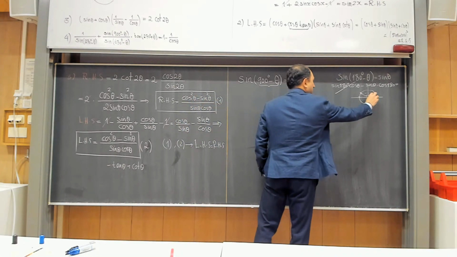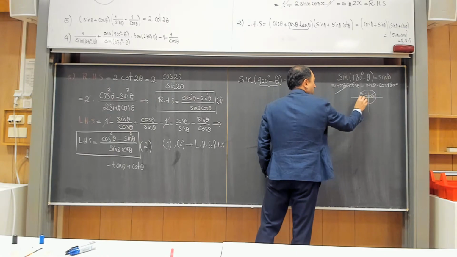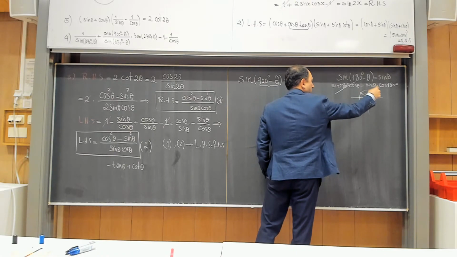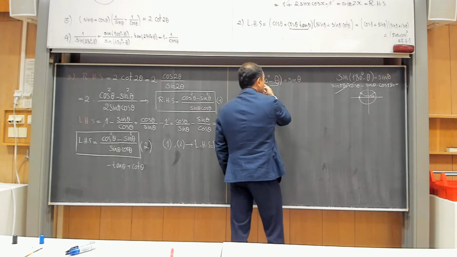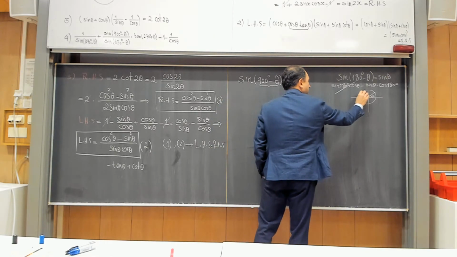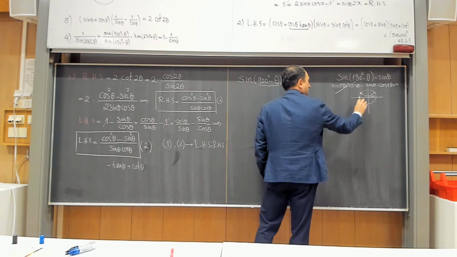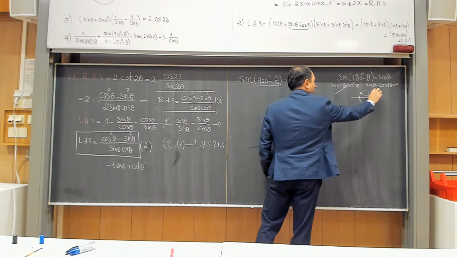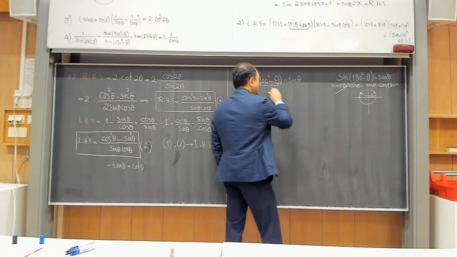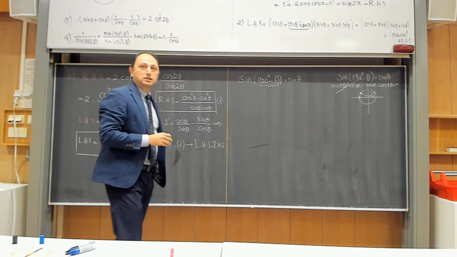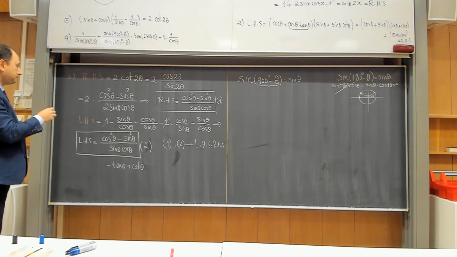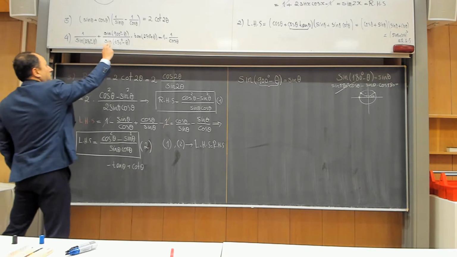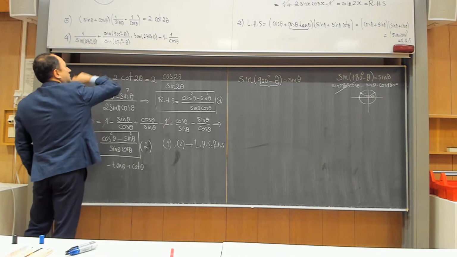If this angle is theta, we realize 900 after going around several times, I will end up here, but then 900 minus theta will be exactly here, theta before that. But then you immediately realize that these have the same y coordinates, so sine of this angle is nothing except sine theta. Yes? Clear? Okay. So we actually simplified this a lot.